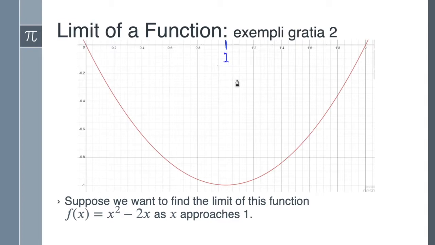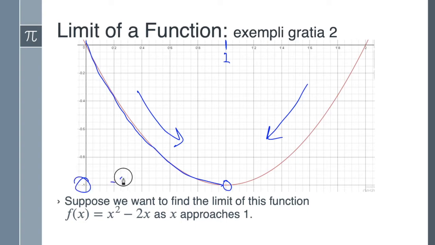So we need to look at the values of x as it approaches from the left and from the right. Okay, so as we can see, as we go on and on, as we approach 1, we go to a certain limit, that is this value here. And this value is -1 in the y-axis.